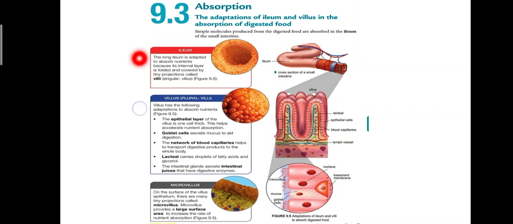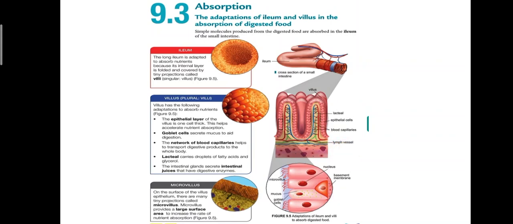Okay, villus. Look at this diagram here. This is the villus. We have blood capillaries surrounding, the lacteal in the middle, and here we have the epithelial cell, surrounded by blood capillaries, and below here there is a lymph vessel.